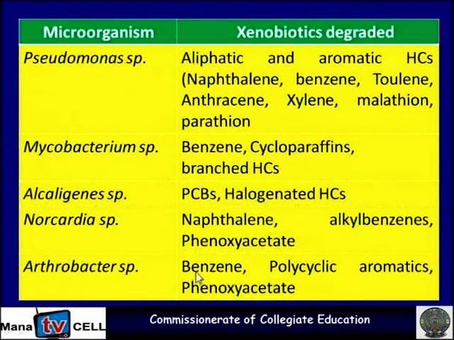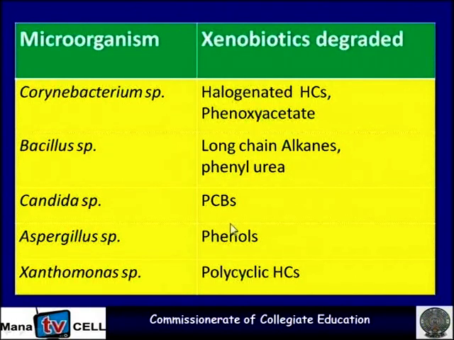Arthrobacter species degrade benzene, polycyclic aromatics and phenoxyacetate. Corynebacterium species degrade halogenated hydrocarbons and phenoxyacetate compounds. Bacillus species can degrade long chain alkenes and phenylurea.